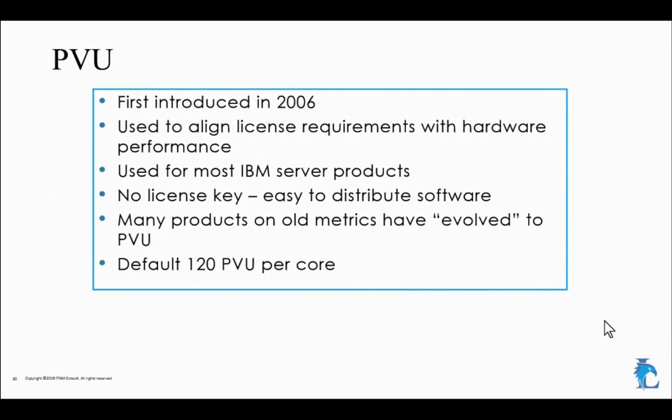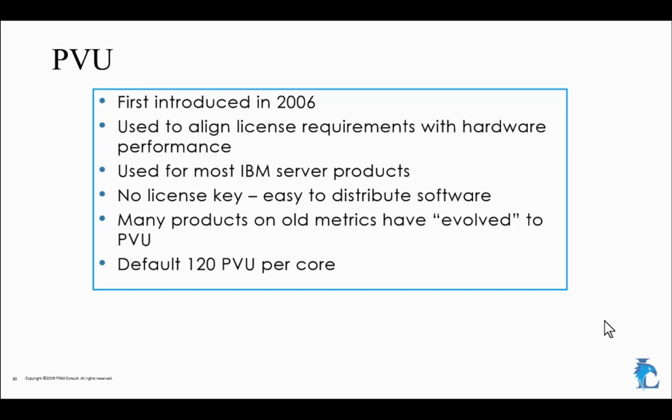PVU has been around a long time, and even for the products that are pre-2006, IBM has been moving those products to a PVU-based metric, mostly because it is the easiest to measure and manage, and it's essentially also the most profitable for IBM. The license is linked to the hardware performance, and I'm going to go through a worked example of that to show you how that works.